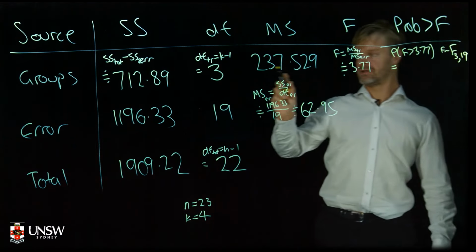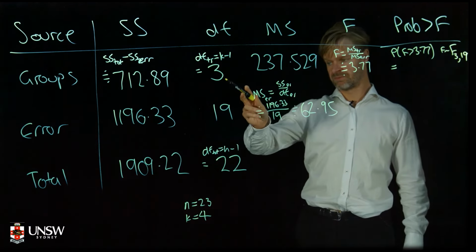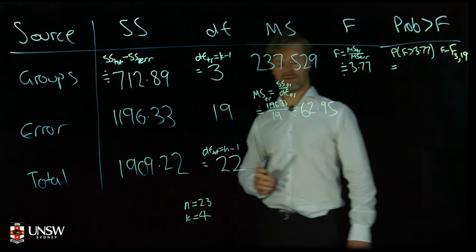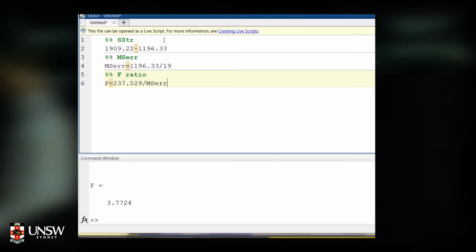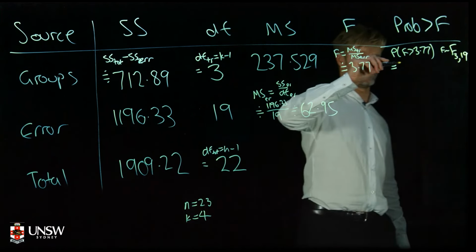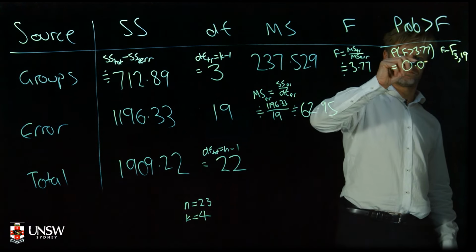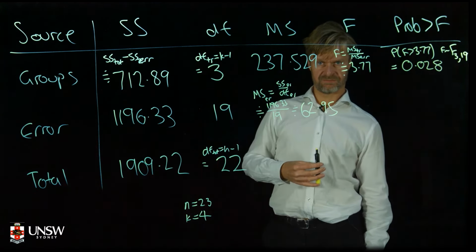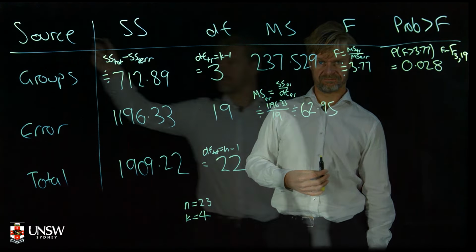The degrees of freedom for treatment first, and then the degrees of freedom for error afterwards. So that's going to be our p-value, about 0.028. So that's the answer to question 1. Fill in the missing values.